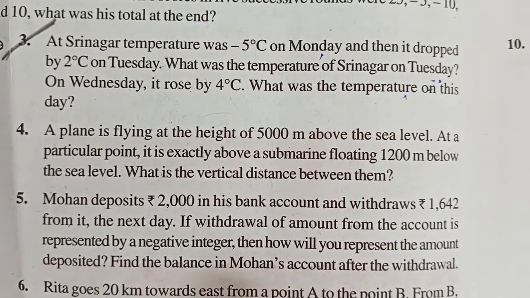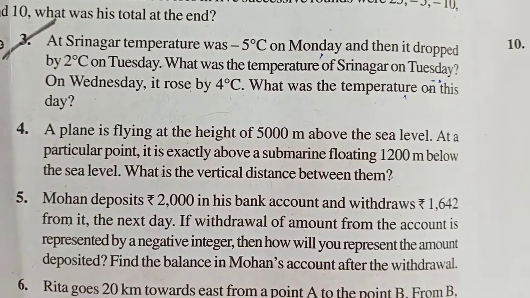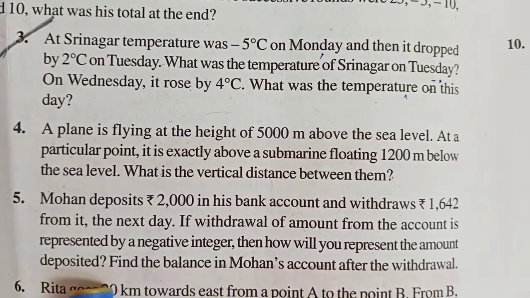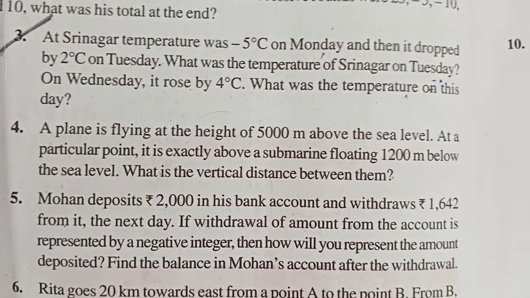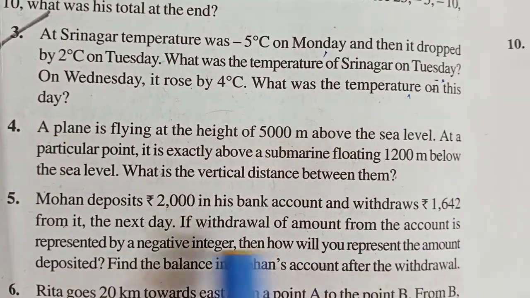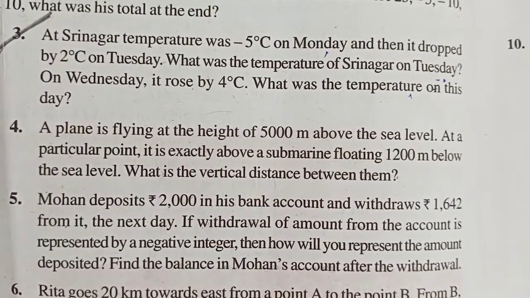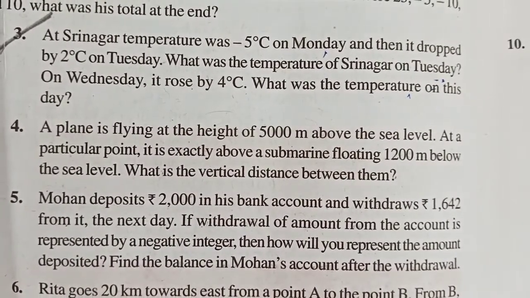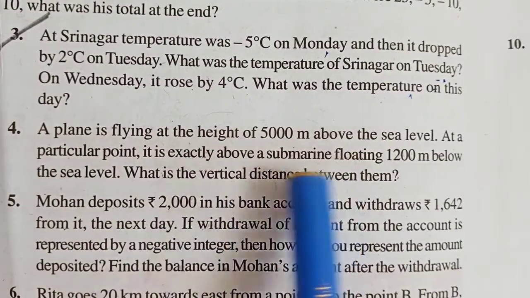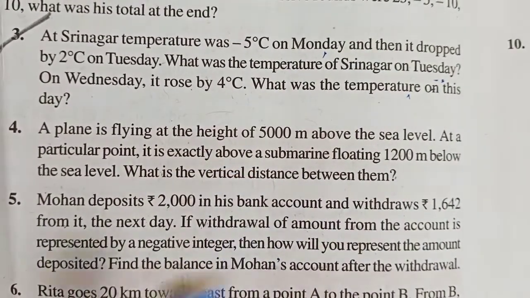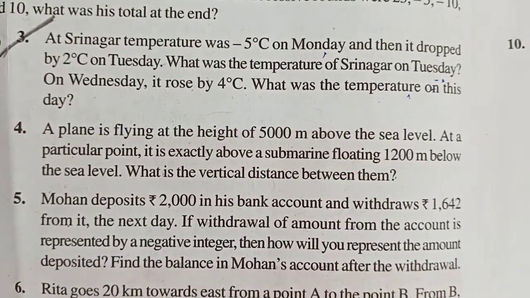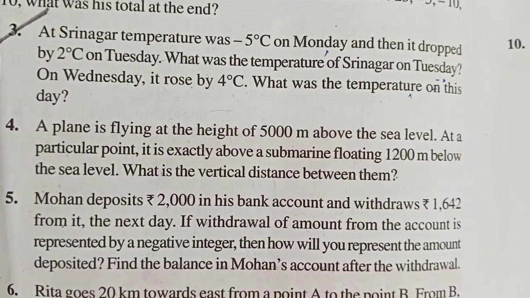So they want to show the withdrawal amount as negative. So they are asking you, then how will you represent the amount deposited? Obviously, we will choose to represent the deposited amount with the positive integer, isn't it? Everything we are saving in a bank can be represented with a positive number, and the amount we are withdrawing from the bank can be represented with a negative number. Okay.